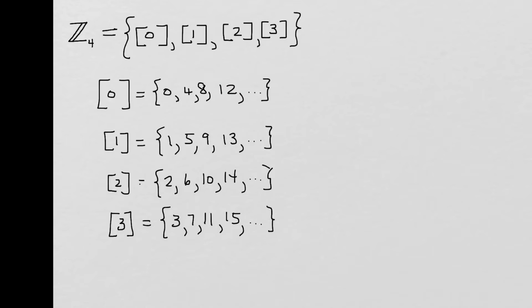So these are all the values for which we would get a remainder of 0 when divided by 4.